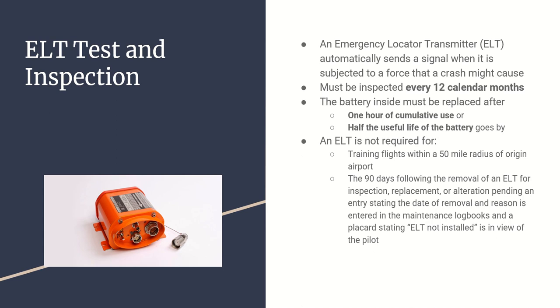Either that, or if half the useful life of the battery goes by. So let's say we go get an ELT inspection done today, and they put a fresh new battery in there, and it says that it expires in, I don't know, March of 26, then next year, so March of 25, which is half that time frame, is when we would have to get another battery put in.